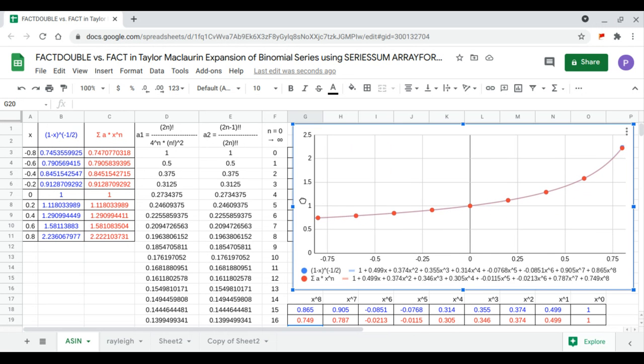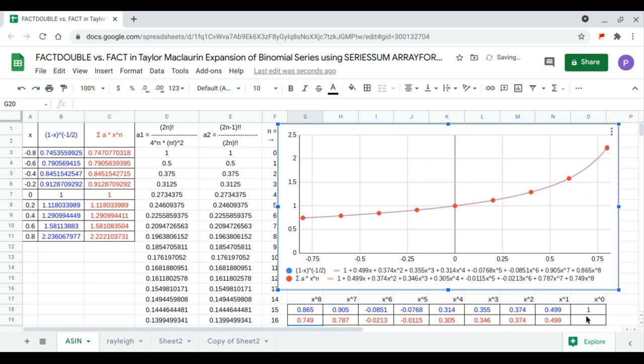Let's compare this. So the coefficient of x0 is 1, coefficient of x 0.499, coefficient of x squared 0.374, coefficient of x cubed, that's 0.355, 0.346, coefficient of x to the fourth 0.314, 0.305, coefficient of x to the fifth 0.0768 and 0.0115.